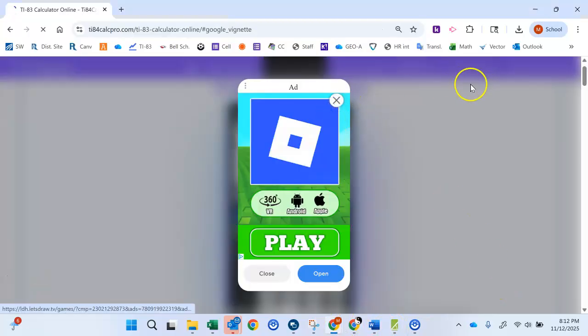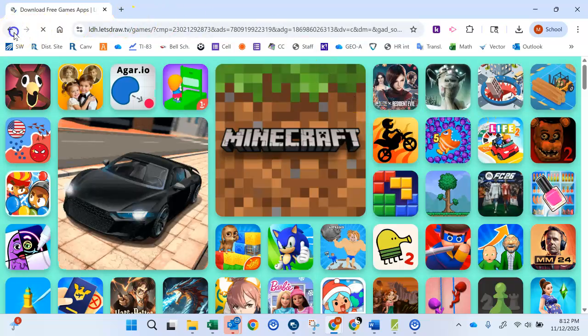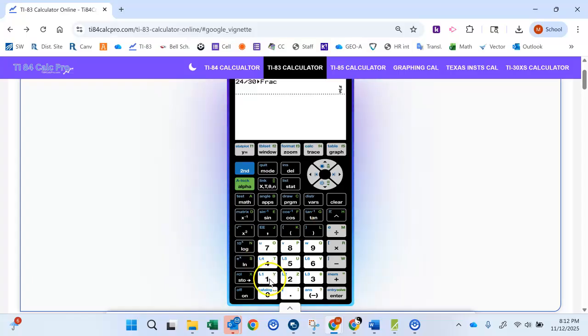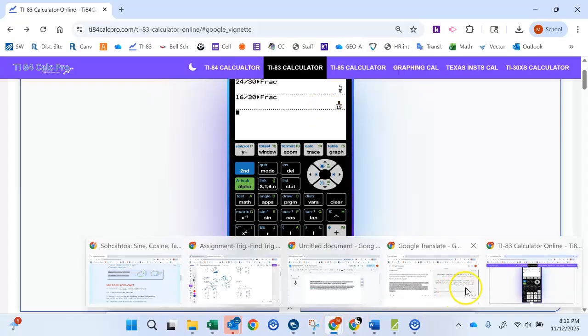Oh, I hate when it does that. Okay, it's going to be 16 divided by 30, then math, then fraction, then enter: 8 over 15. So this one's 8 over 15.